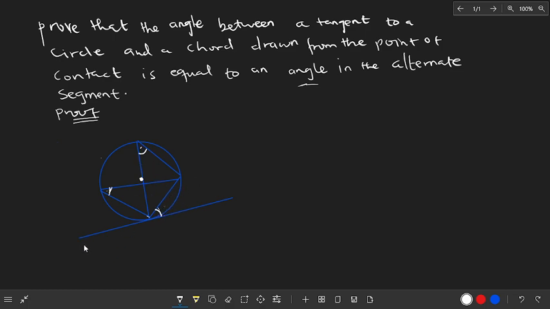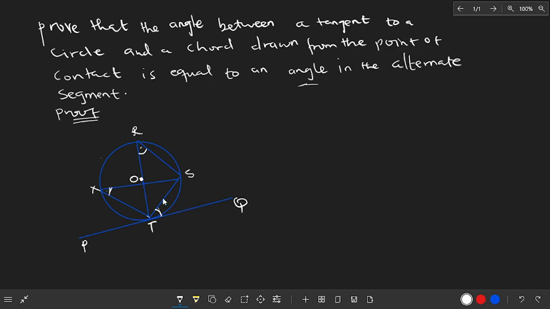So let's name our tangent as PQ and the point here as T, and this point as S, and this point as R, and this place as X. Then our center O. Right.